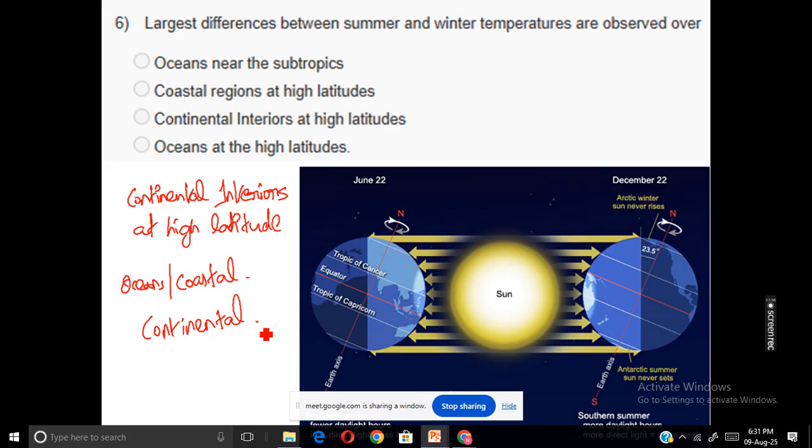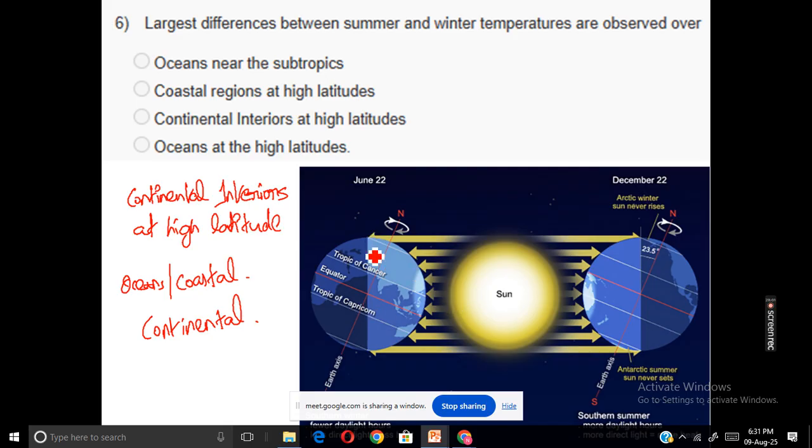That is one thing. And again we have the equator, like the tropics, subtropics and the high latitude region. Among these three, the high latitudes will have the largest difference because of this: this is how the Earth is facing the sun during June, the period when we have the summer season.